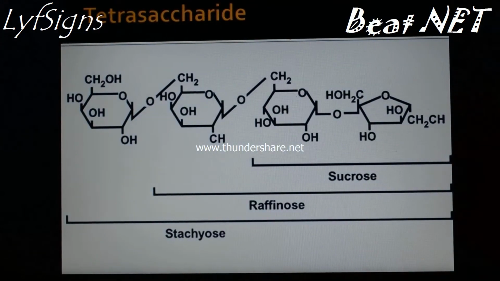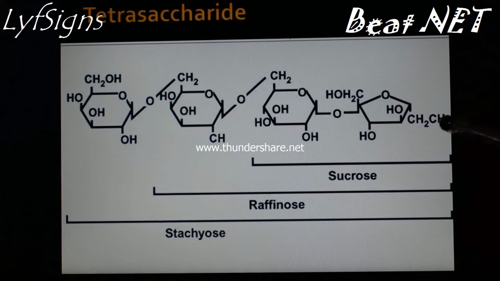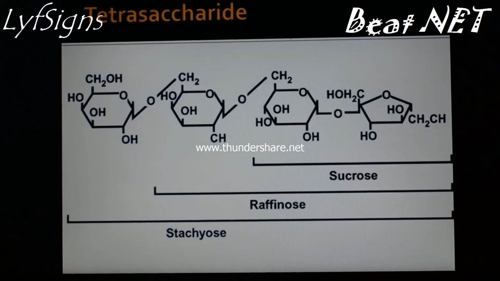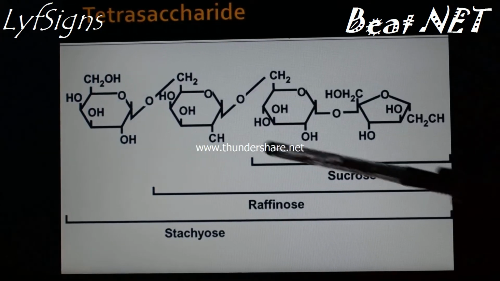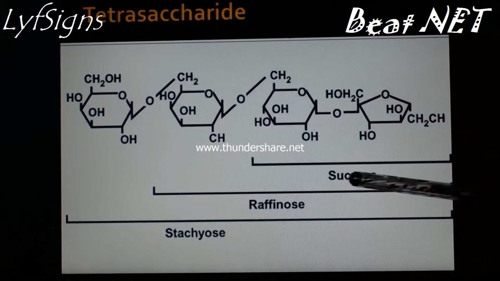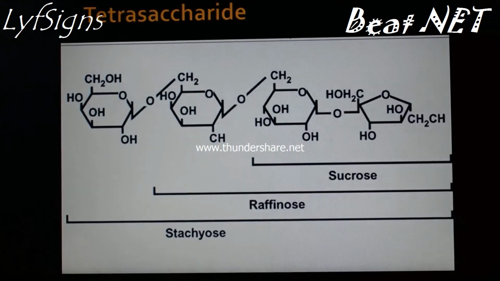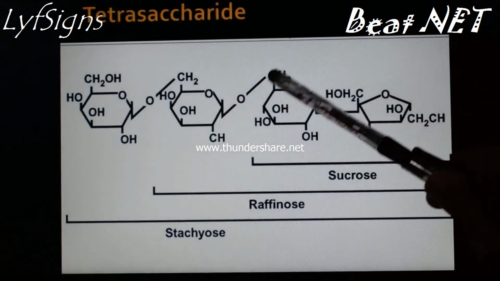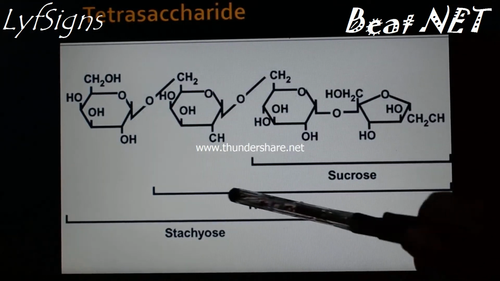Now in this diagram you can differentiate between sucrose, raffinose and stachyose. This is a disaccharide, this is a trisaccharide, and this is a tetrasaccharide, stachyose. Here you can see this is the sucrose unit. One galactose added forms raffinose, and another galactose added by a beta glycosidic linkage forms stachyose.